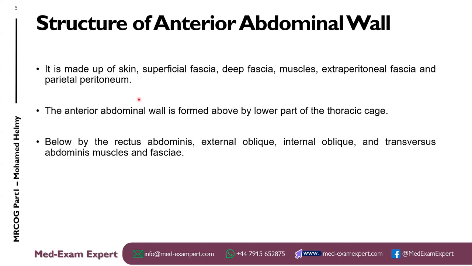It is bounded superiorly by the thoracic cage, and below it we have important muscles: the rectus abdominis muscles, the external and internal oblique muscles, and the transversus abdominis muscle and fascia. So these are the layers: skin, superficial and deep fascia, muscles, and the extraperitoneal fascia and parietal peritoneum.